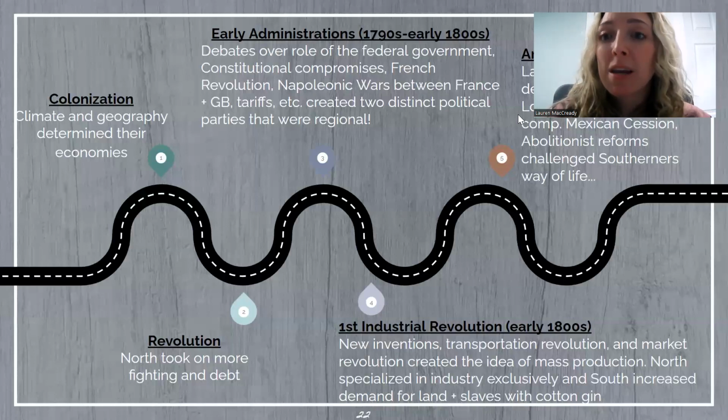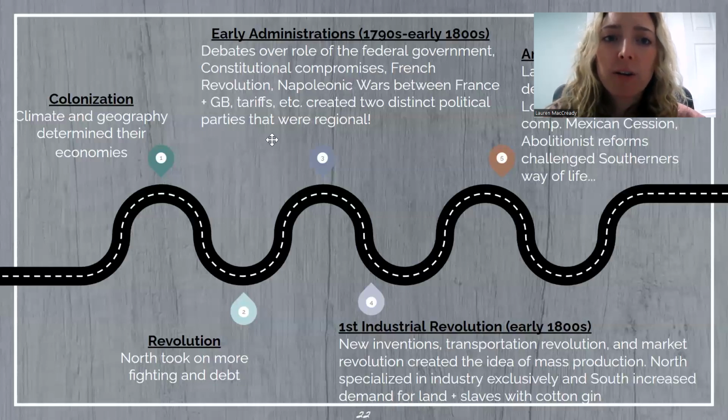There was no need because every economy, the North and the South and the West, even different states could specialize in whatever they needed to and import things using canals and railroads. So the industrialization helped expand our economy, but also stunt it at the same time, depending on the region you're talking about.